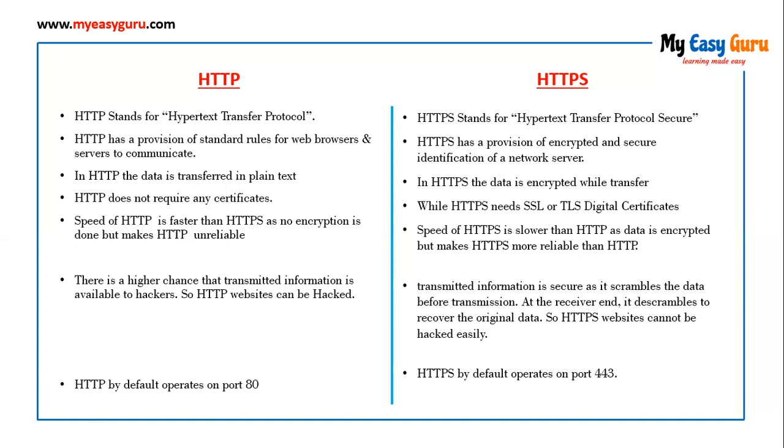In HTTP, there is a higher chance that transmitted information is available to hackers. So HTTP websites can be hacked. While in HTTPS, the transmitted information is secure as it scrambles the data before transmission and descrambles the data to its original form at the receiver's end.